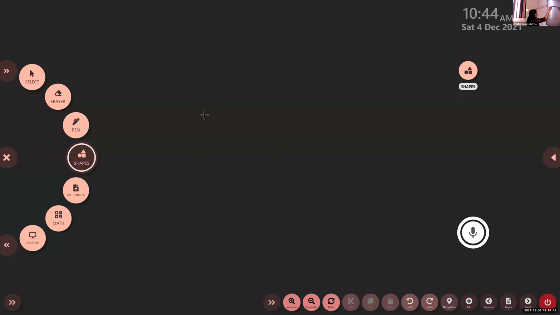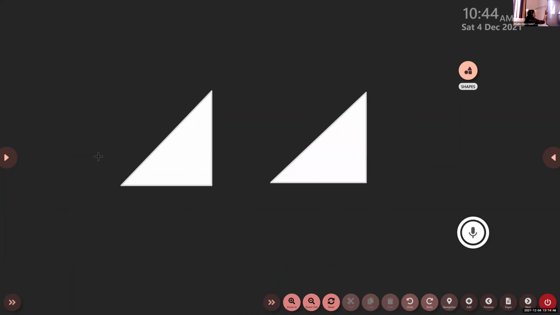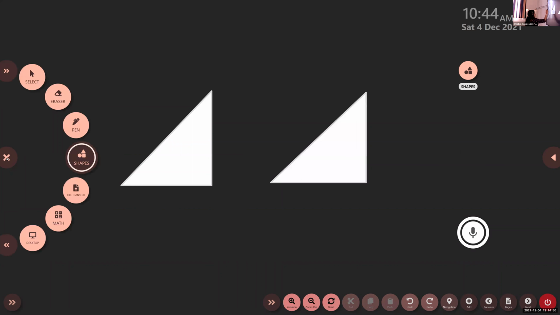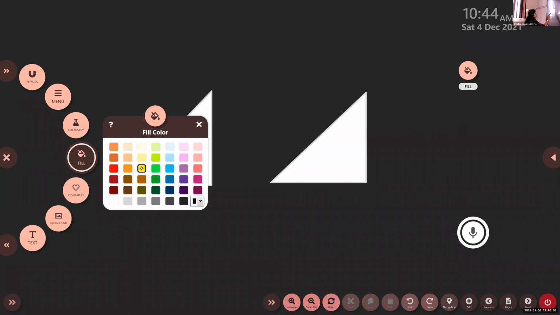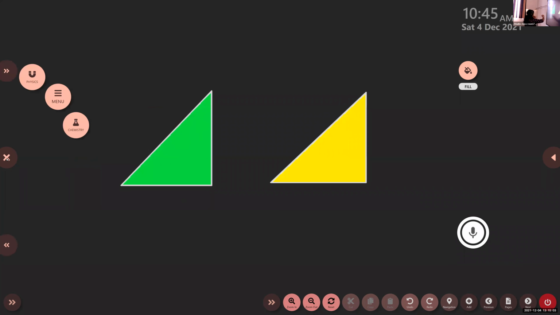So this is one right angle triangle and this is another right angle triangle, children. Let me color it. We can give one triangle yellow and the other one green. So two right angled triangles I have drawn.